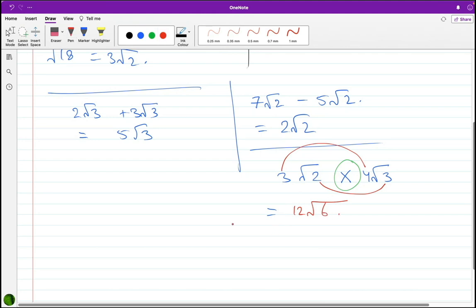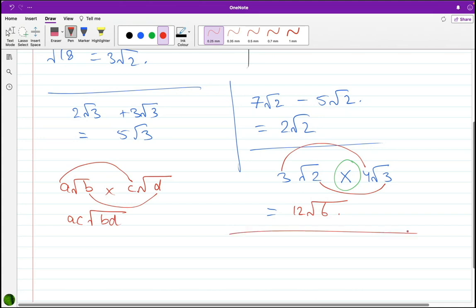If we have a root b times c root d, we multiply the external numbers and we multiply the internal numbers. So ac square root bd.